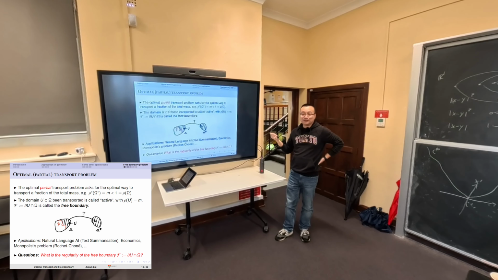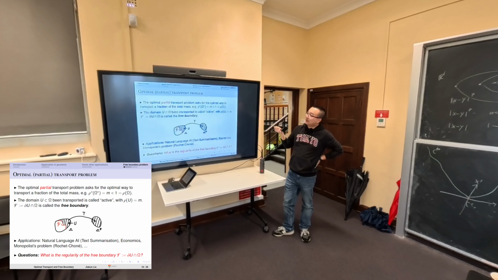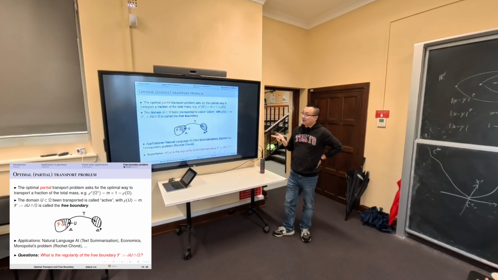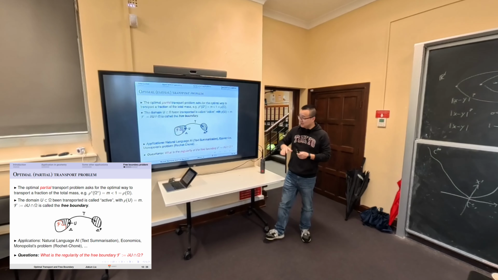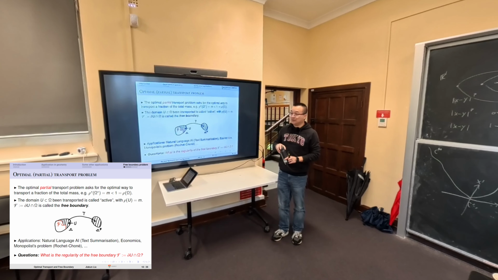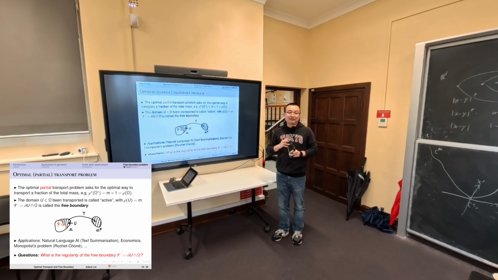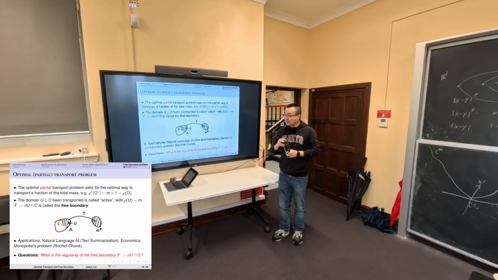Now in the second part of my talk, I'm going to introduce the optimal partial transport. What does optimal partial transport mean? Optimal transport is moving everything from omega to omega star. But in partial transport, I'm not going to transport everything; I only care about half of it or a quarter of it.